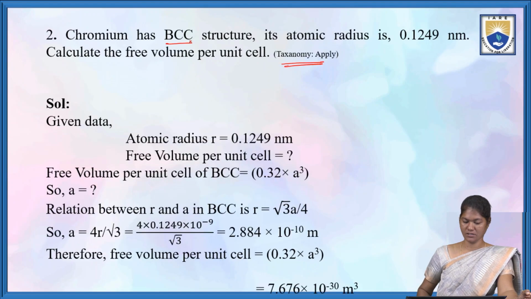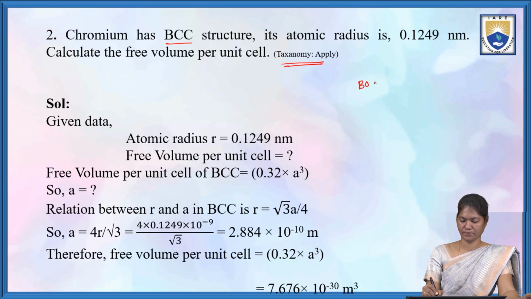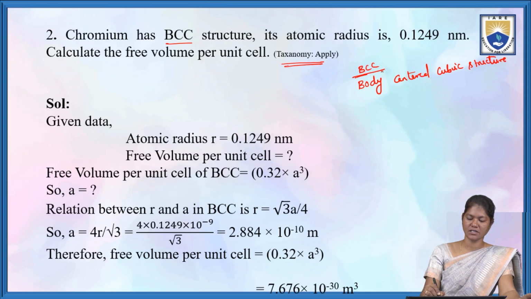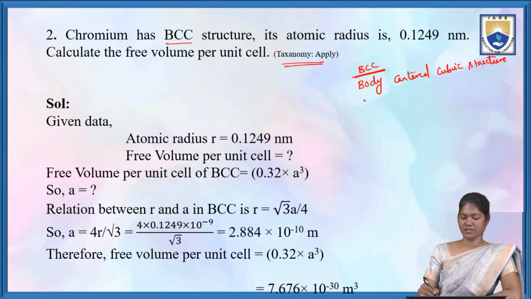BCC means body centered cubic structure. So its atomic radius R is equal to 0.1249 nanometers.